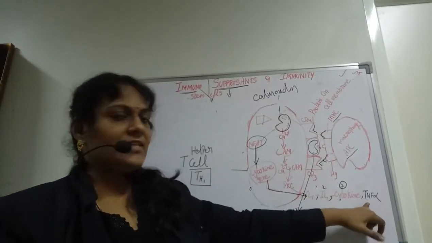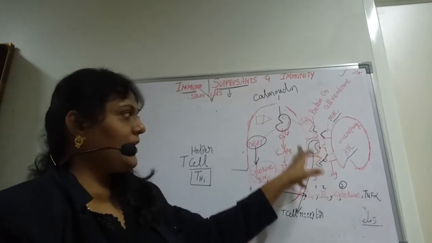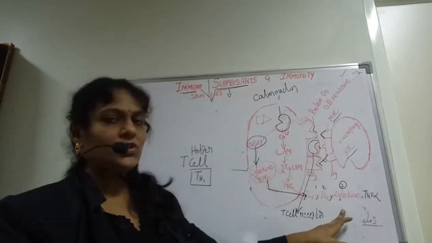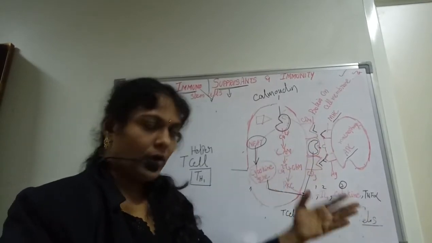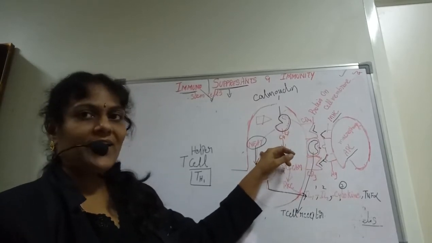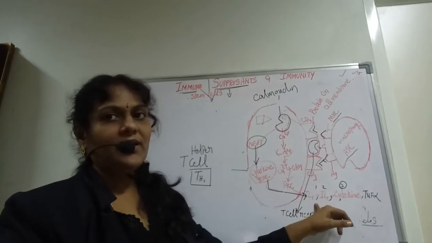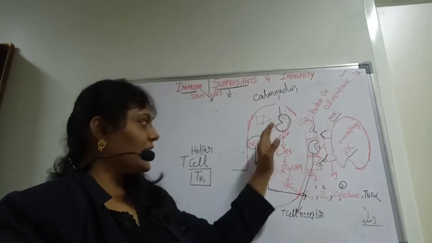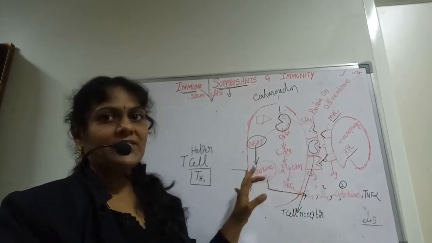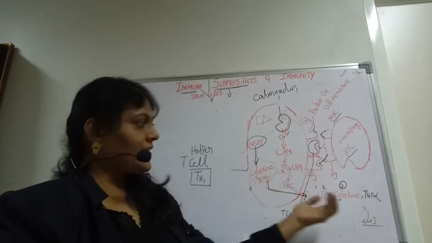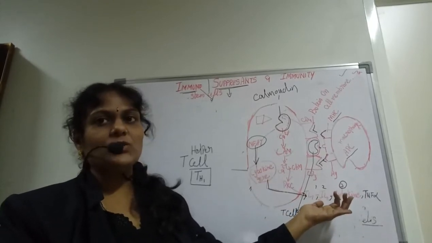So the pathway may be this type which is producing the inflammatory factors, or it may be releasing your nuclear factor which acts on the cytokine gene and also makes the inflammatory factors. So there are two types of pathways inside the T cell so that the symptoms of the inflammatory factors will be released.